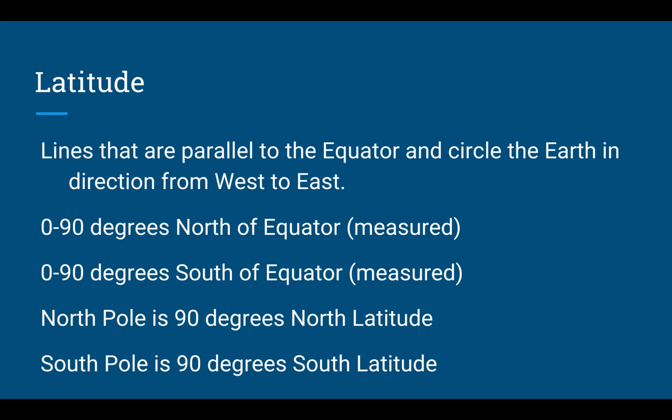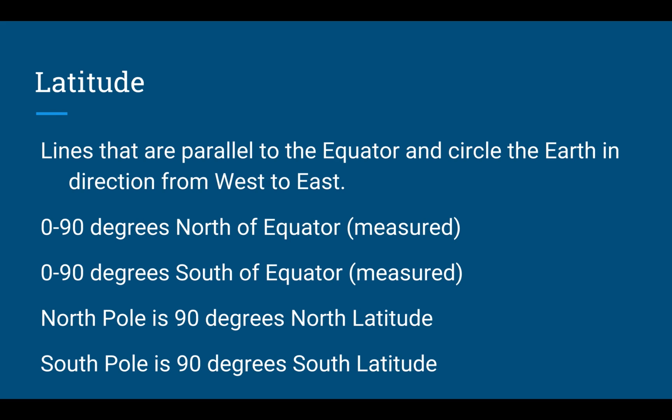The latitude lines start at 0 degrees and go all the way up to 90 degrees. And it can go north of the equator, or it can go 0 to 90 degrees south of the equator, just depending on what part of the world that we are looking at.